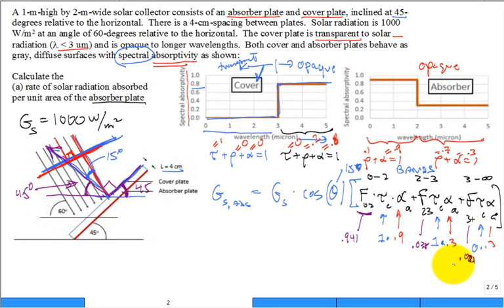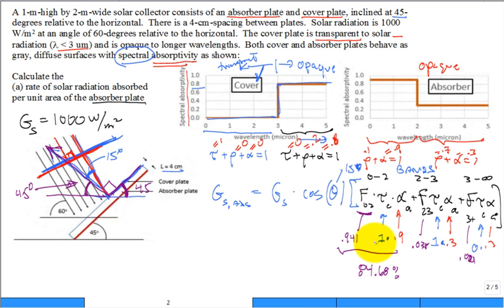And when you sum them up and multiply by that, what you find is that it's going to be 84.68 or 84.69% of those in that waveband will make it through the cover, impinge on the absorber, and be absorbed in the absorber.